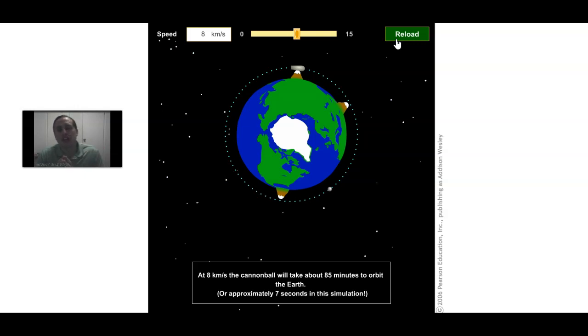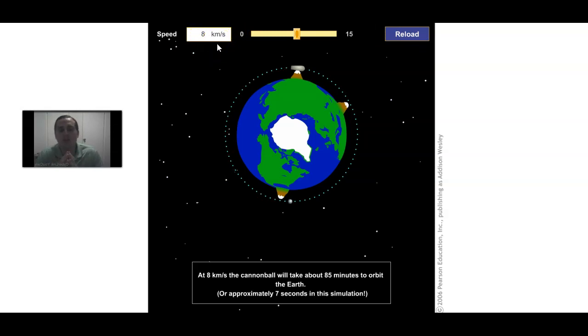So you could say that the cannonball orbiting the Earth is just like a cannonball that would fall towards Earth, but it just keeps falling around the Earth. So sometimes people say, especially of a circular orbit, that an object just keeps falling around the Earth, but the Earth keeps curving away.